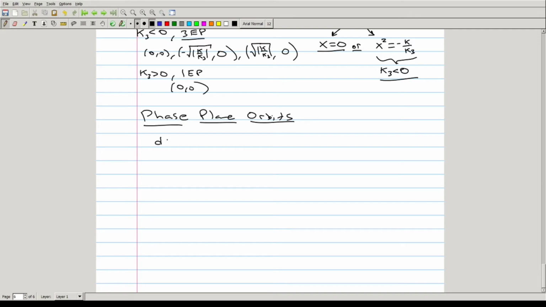It is going to be that dv dx is v dot over x dot, when x dot is non-zero, which will be negative k over m x minus k3 over m x cubed over v, which is a separable ODE.